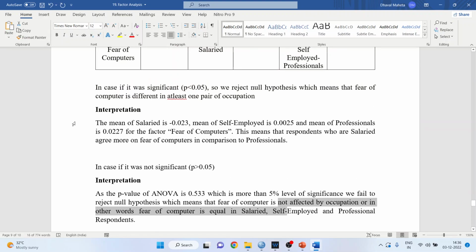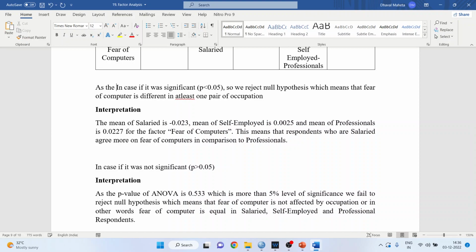Here you can write this thing as the p-value of ANOVA is less than.